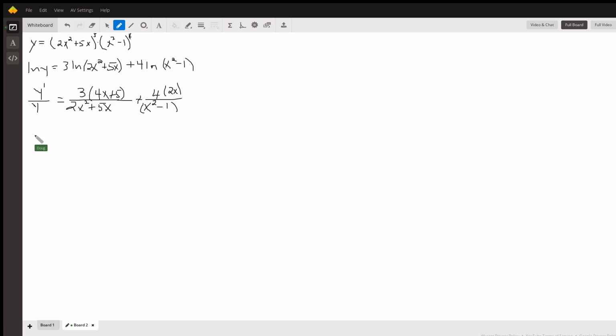Okay, and now y prime equals, I'll simplify each side, 12x plus 15 over 2x squared plus 5x. And I'm going to put this whole thing in brackets. You'll see why in a second. Plus 8x over x squared minus 1.